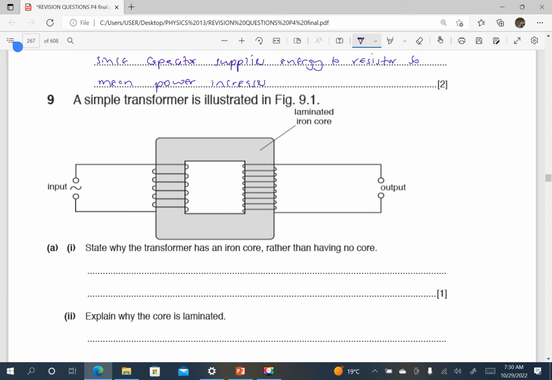A simple transformer is illustrated here. Suggest why the transformer has an iron core.